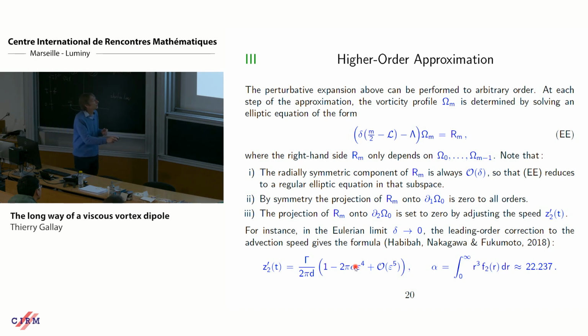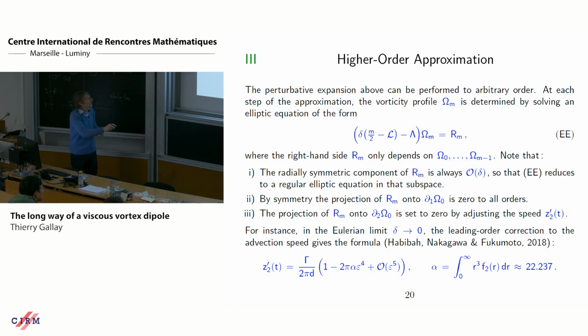It occurs at order epsilon to the 4, so quite a high order approximation. And it's completely explicit. This formula has been known for a few years in the physical literature, and it's recovered by this very simple calculation. So you see that the vortex pair goes with uniform speed, but it slows down.